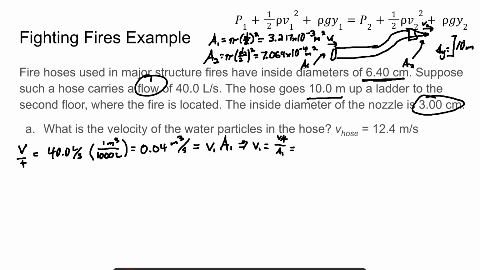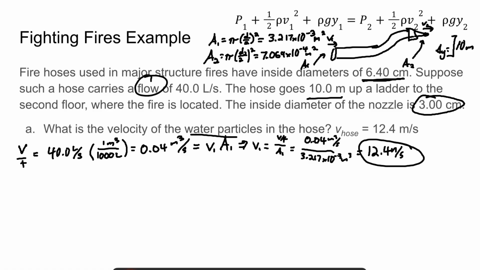Since our volume flow rate is 0.04 cubic meters per second, and our area we found to be 3.217 times 10 to the negative third meters squared, that gives us a velocity of about 12.4 meters per second. And that's the velocity of the water particles in the hose.